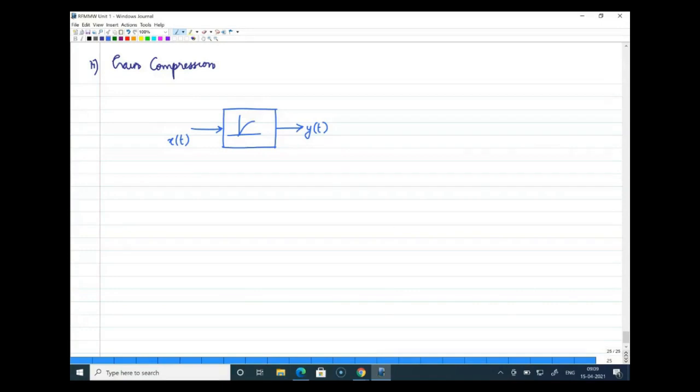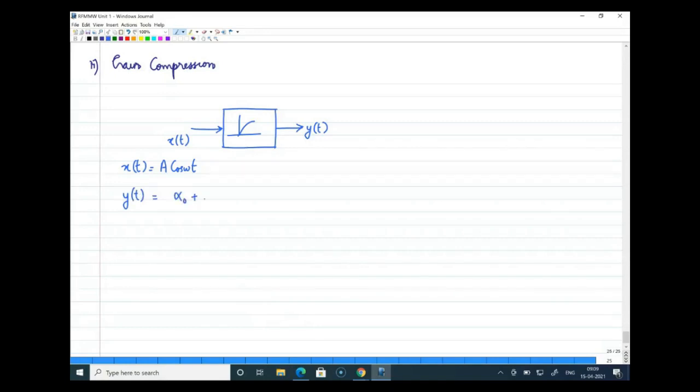This is a nonlinear system, and I am considering an input to this nonlinear system, x of t, as a cos omega t. Now, based on yesterday's class, we know that there will be a lot of harmonics coming at the output. If you want to specifically look at the gain of the circuit, I'll write the output based on the previous class discussion.